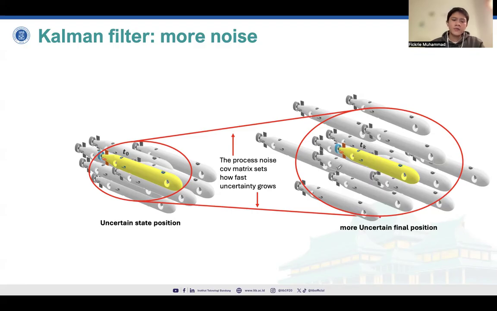following pipes, or because the AUV has some acceleration and the motion changes, of course the measurement might be different, and it will give more uncertain final positions. And this process noise covariance matrix basically sets how fast the uncertainty grows between states.